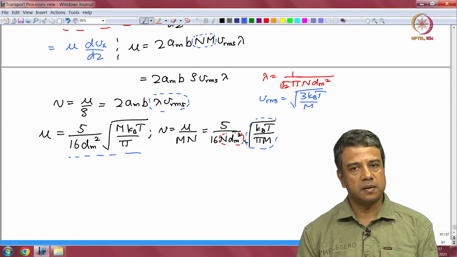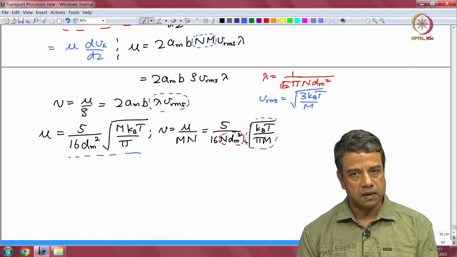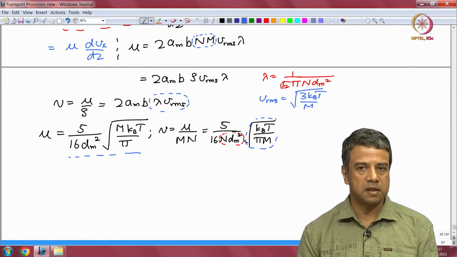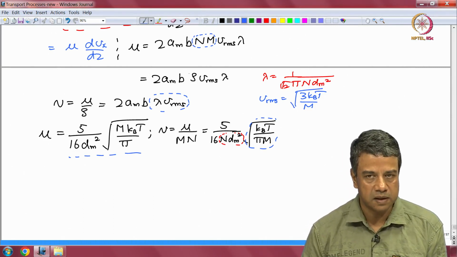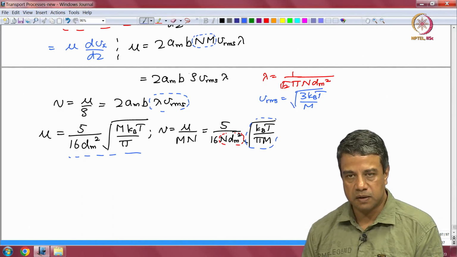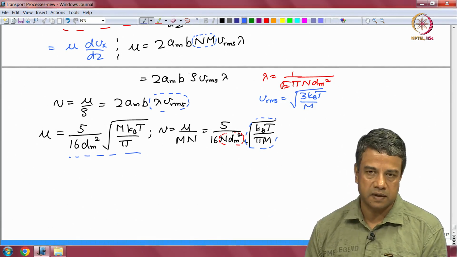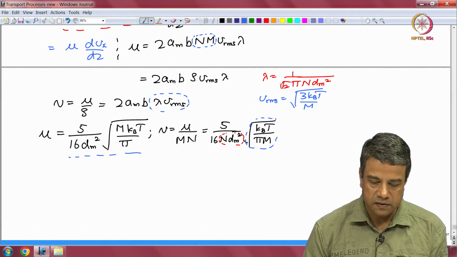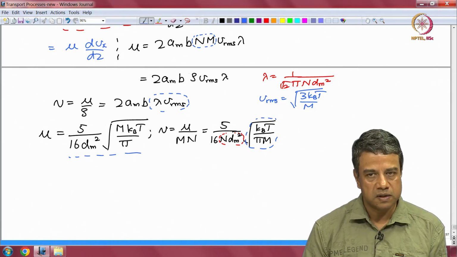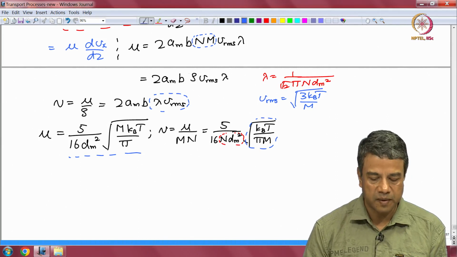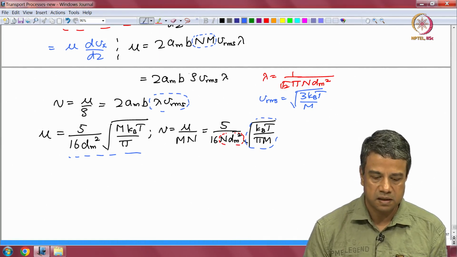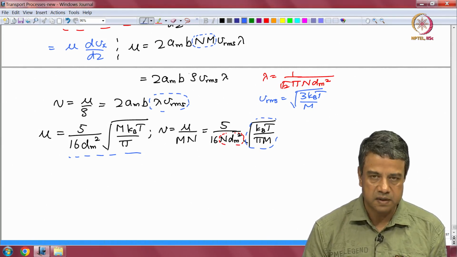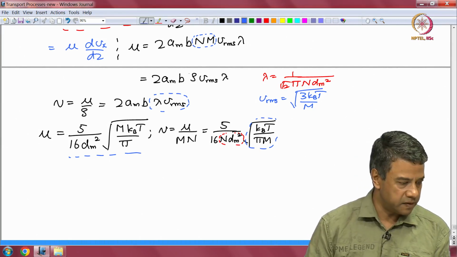As I said, there can be a slight variation in the temperature dependence if you take into account the intermolecular interaction as consisting of attractive and repulsive parts. So, this is as far as thermal diffusion and momentum diffusion in gases is concerned. We have calculated expressions for the viscosity and the momentum diffusivity.